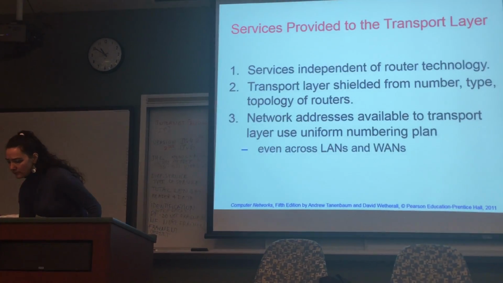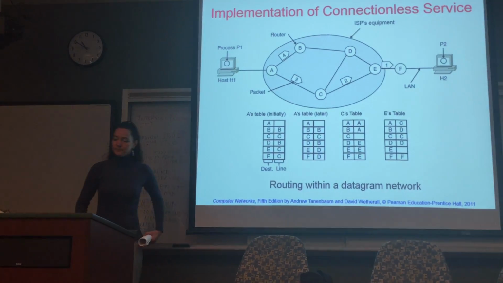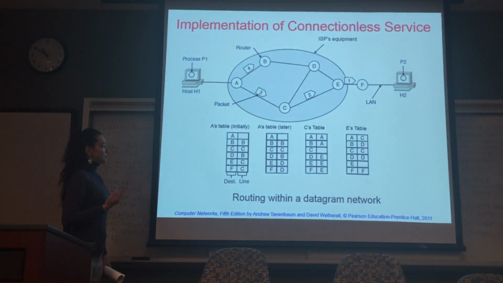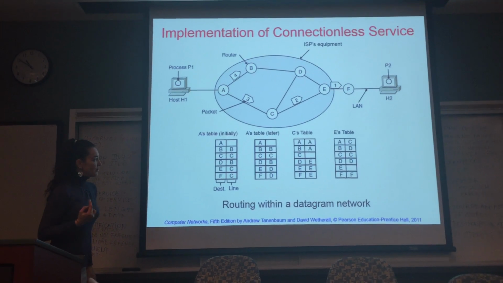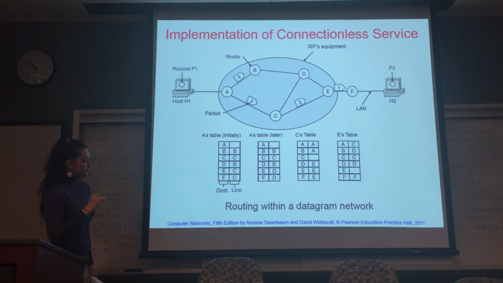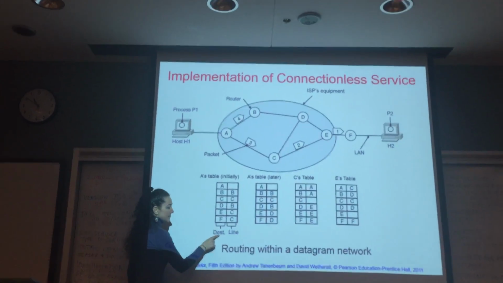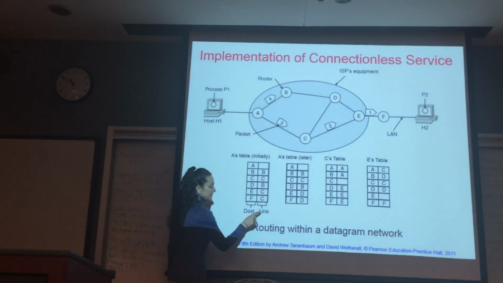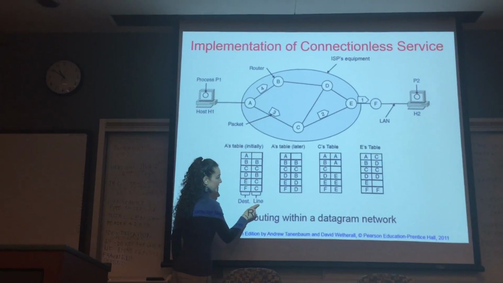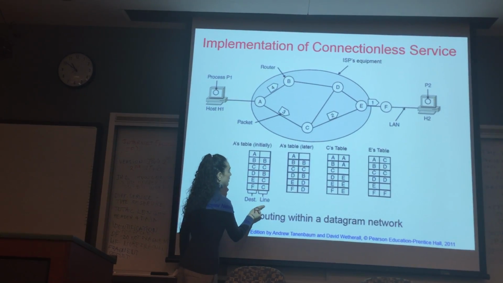So the router has a table called the routing table, which has two things. First, it has the address for the destination machine, and then it has a network interface card or line on which it should forward the packet.